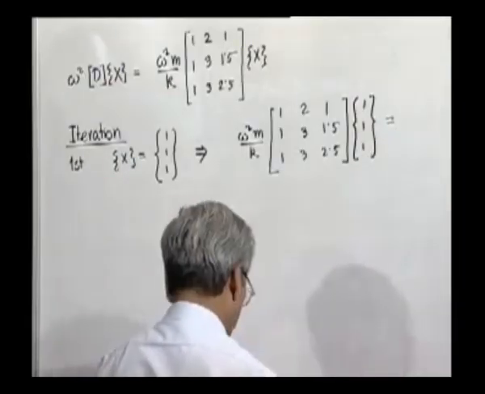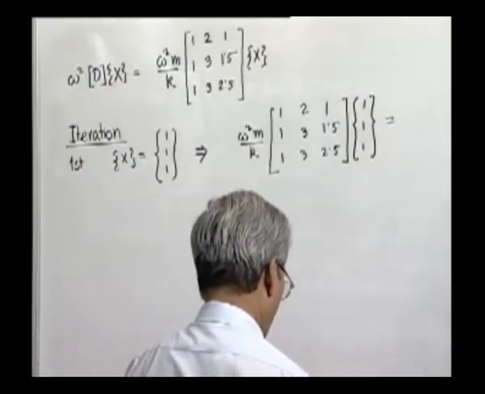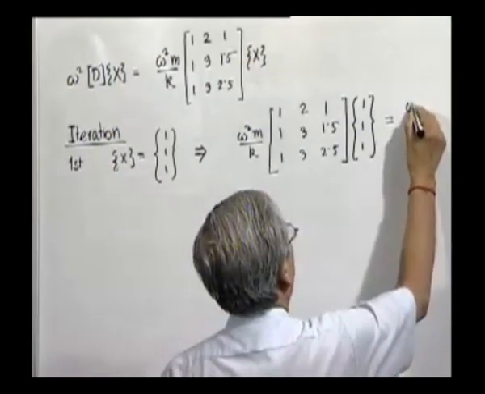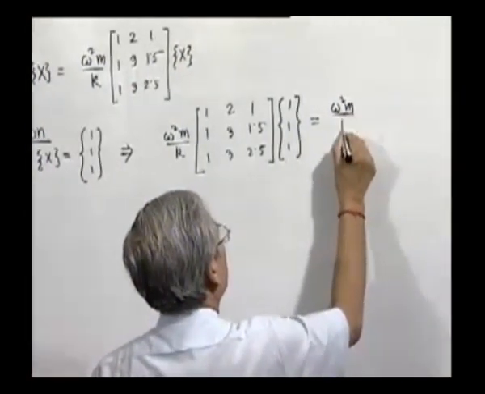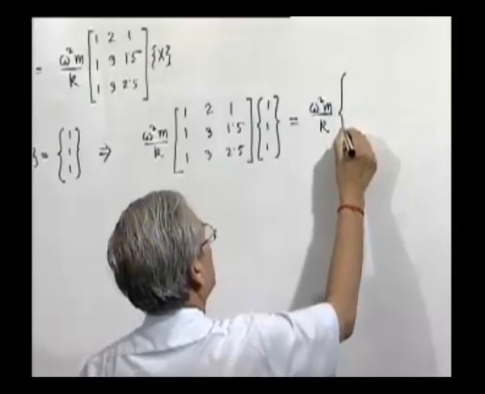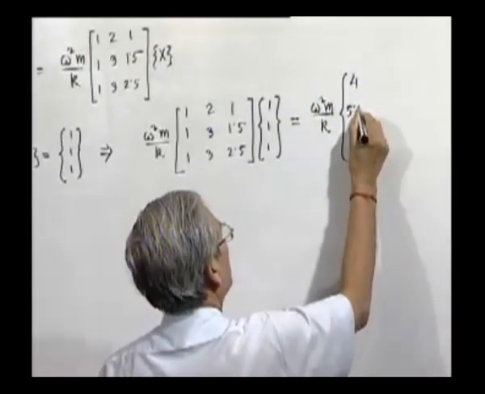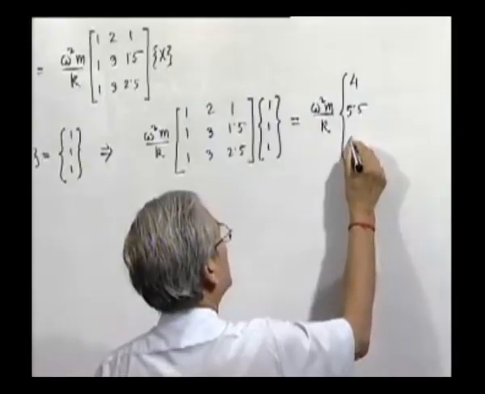This will be omega square m by k times 4, 5.5, 6.5.